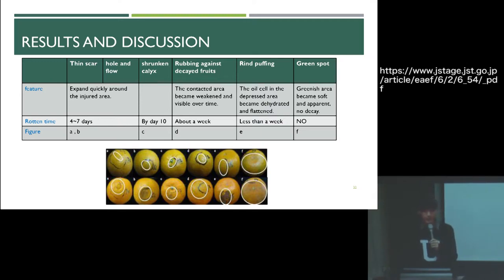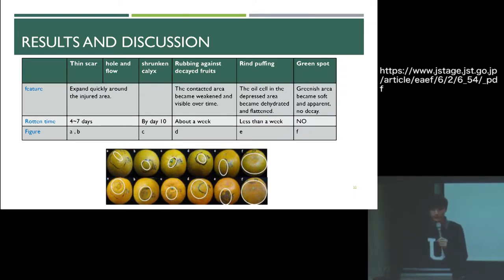And for the rubbing against decayed fruit, the affected area will become weakened and visible, and it will be rotten in about a week. In the case of ring puffing, the oil cells will become depressed, dehydrated and flattened, and the color on the surface will turn brown, as you can see from figure E. The oil cells in the defective area will turn brown.